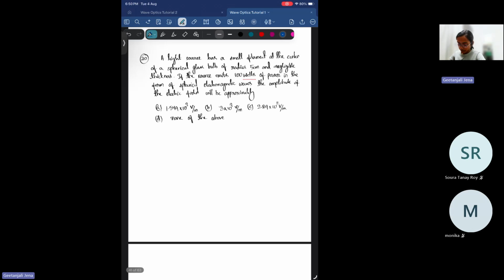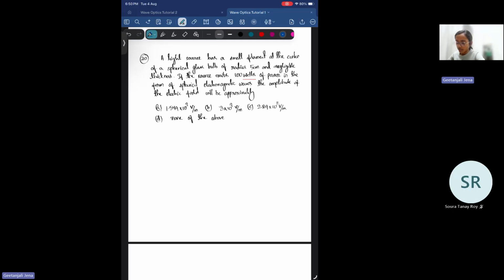Question number 20. There is a light source, a small filament at the center of a spherical glass ball of radius 5 centimeter, and it has negligible thickness. If the source emits 100 watt of power in the form of spherical electromagnetic waves, the amplitude of the electric field will be approximately? Power is given as 100 watt.